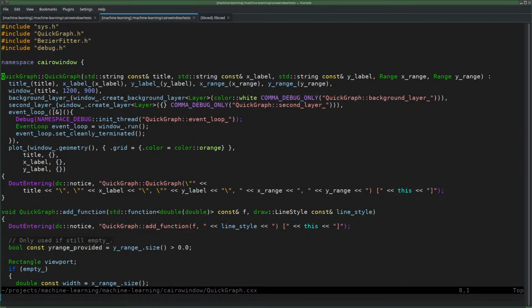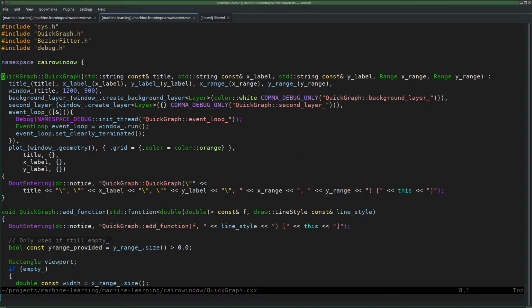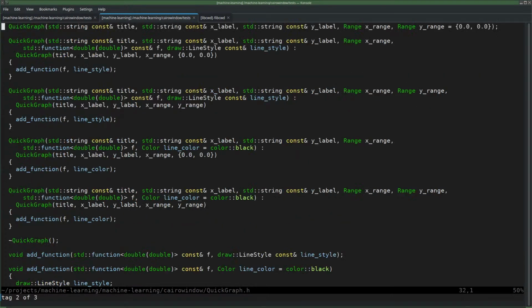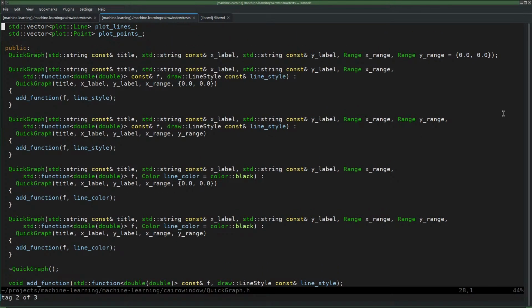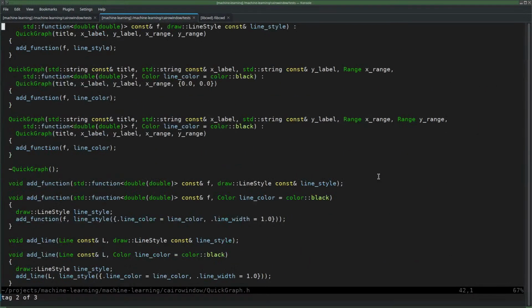Title, X level, okay, X range and Y range. Can I just leave that out? The Y range is determined. I have to specify an X range. Makes sense.